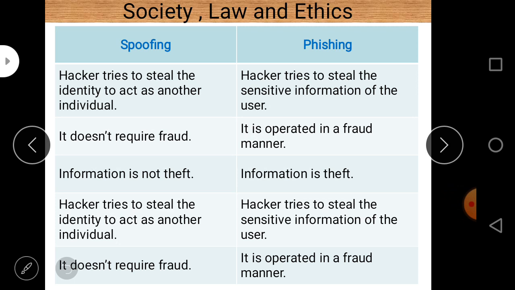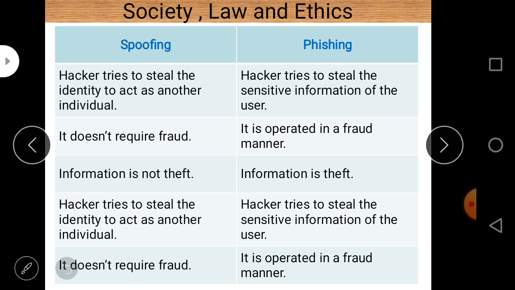But if asked in an examination what is the difference between spoofing and phishing, then you can specifically mention the difference. In phishing, hackers try to steal the sensitive information of the user, and in spoofing, hackers try to steal the identity to act as another individual.